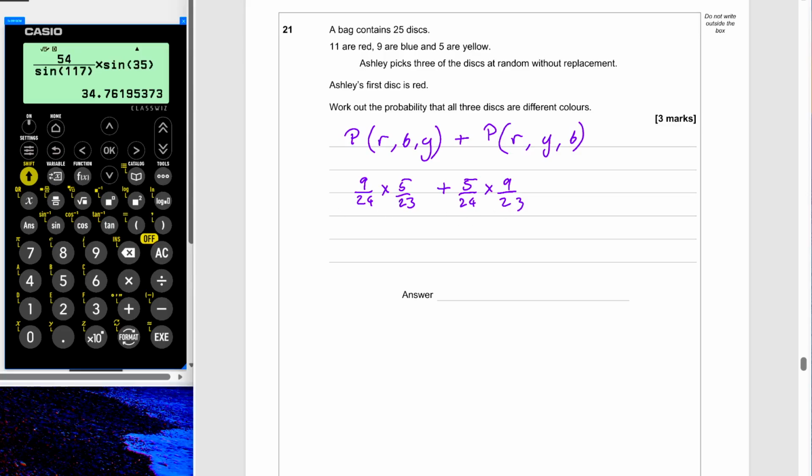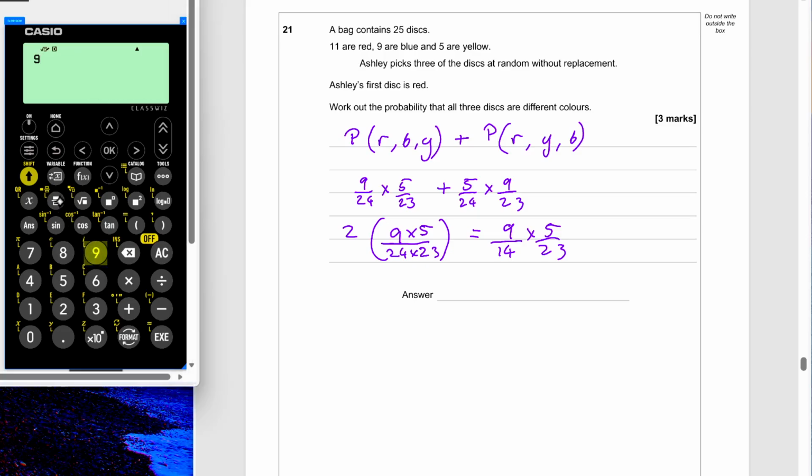Now that's actually going to just be 2 lots of 9 times 5 over 24 times 23. Have we got any nice simplifications? We could say that's 17s, but that's not particularly an advantage, but we'll do it anyway. 9 out of 14, sorry, times by 5 out of 23.